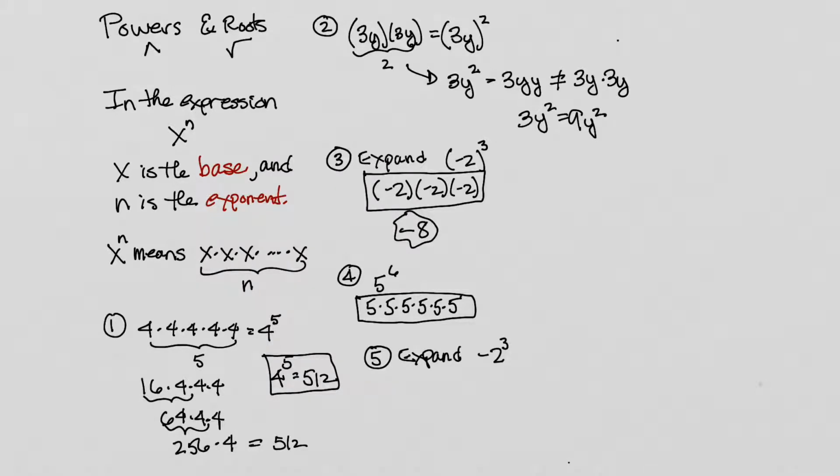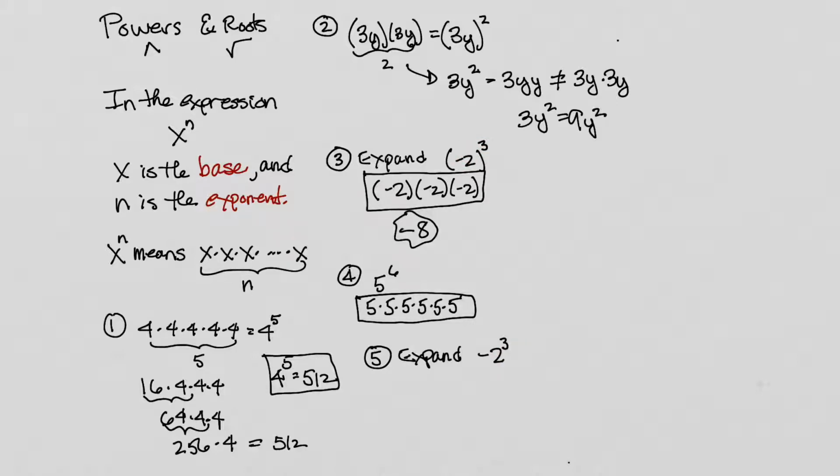Let's take a look at number 5. This is similar to number 3. In number 3, we've got negative 2 to the 3rd. Now we've got negative 2 to the 3rd, but in this one, the 2 appears 3 times. The exponent applies to what's directly below it, which is just the 2, not the negative sign. Look up here: this 3 applies to both the negative and the 2, everything included in here, just the 2 here.